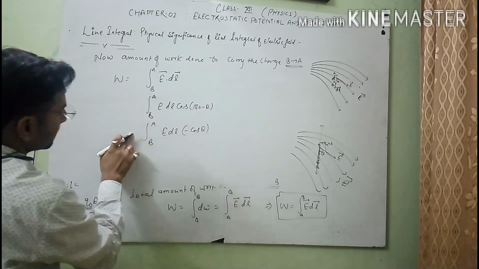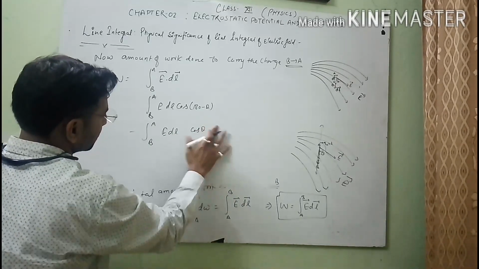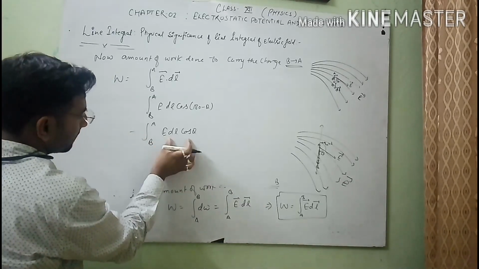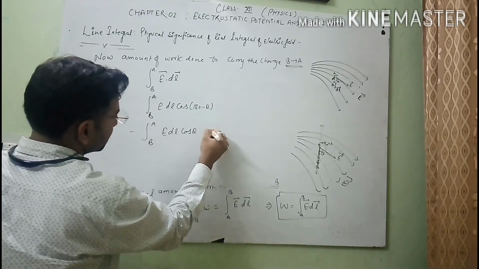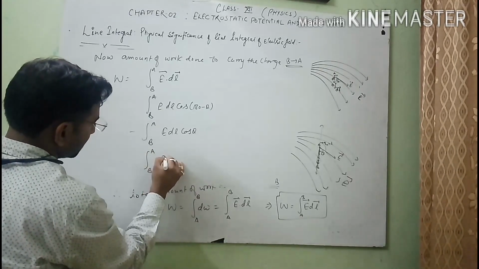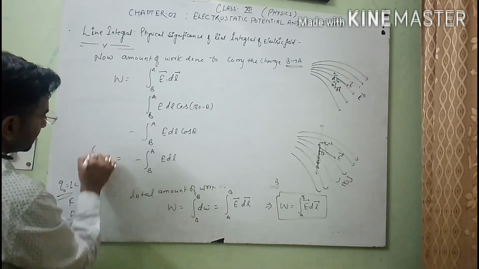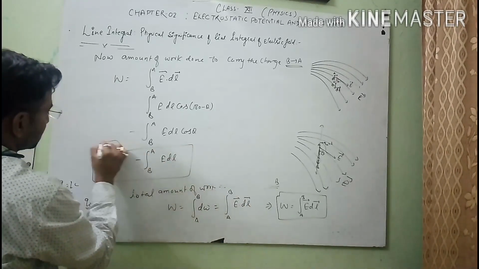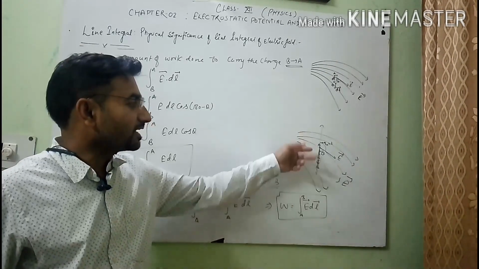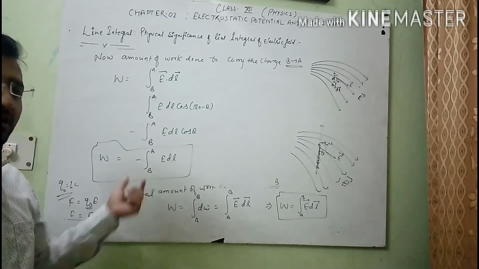So this minus sign comes here. After using this, I will eliminate this from here. After this negative sign, I will write E dl cos theta again in dot product form as E dot dl, with a negative sign. So we can say that if we carry the charge from point B to A, against the work done by the electric field, then the work done will be negative.